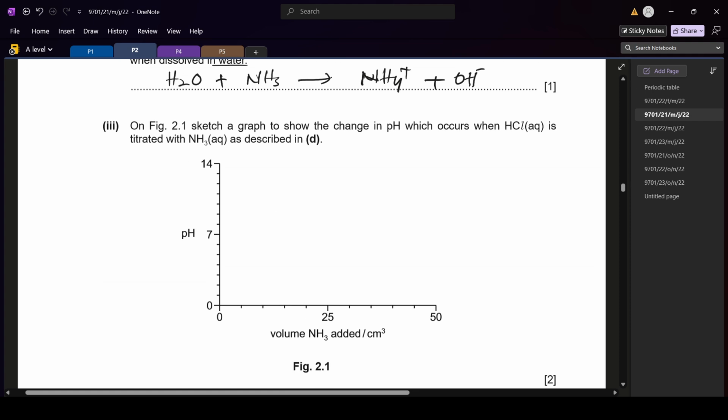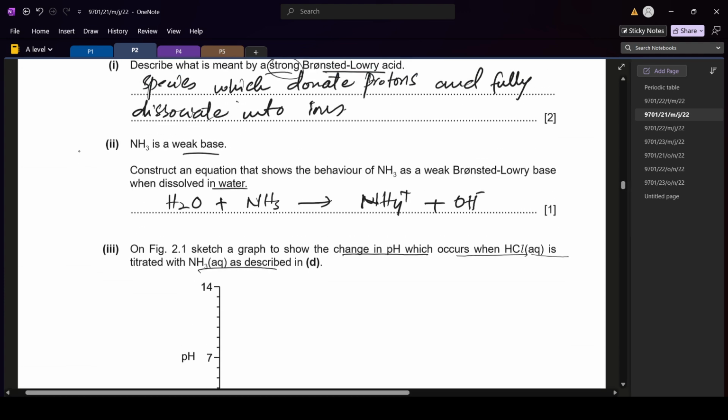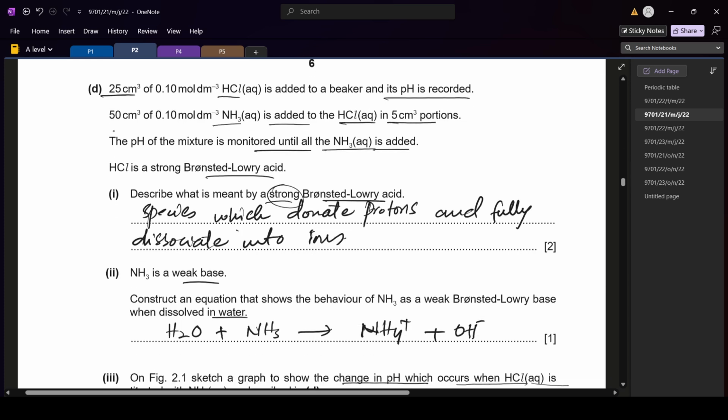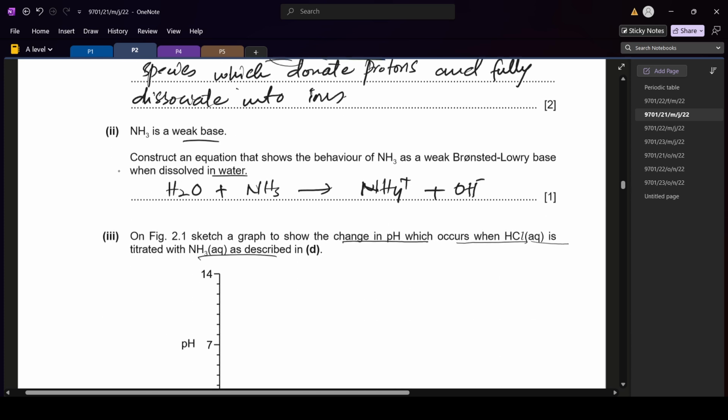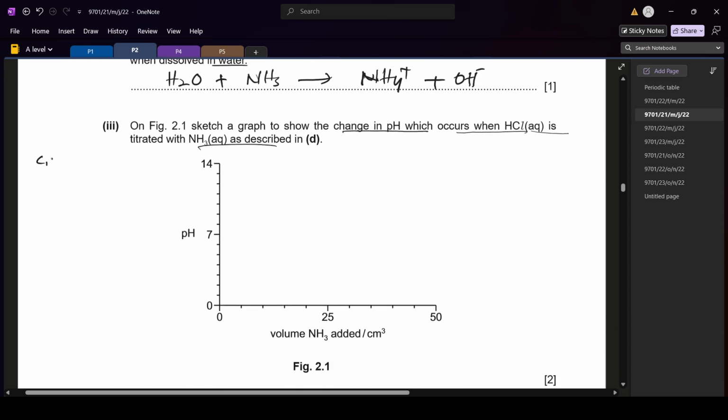Okay. On figure 2.1, sketch a graph to show the change in pH which occurs when HCl is titrated with ammonia. So first you will see what is the point of neutralization by using C1 V1 upon N1 equals C2 V2 upon N2.